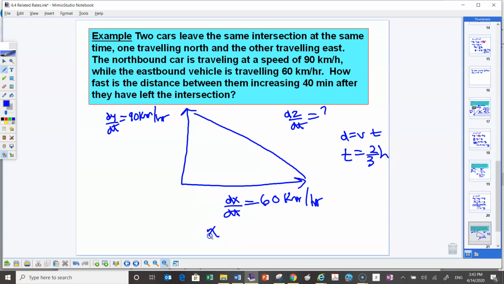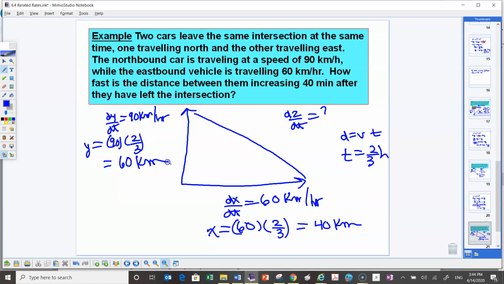So to figure out my distance x, that's 60 kilometers per hour times 2/3 of an hour, which is 40 kilometers. And for y, it's 90 times 2/3, and that's 60 kilometers.